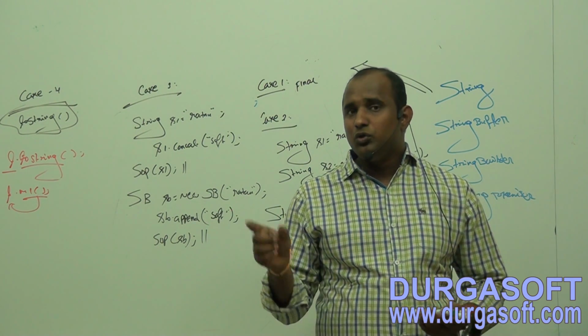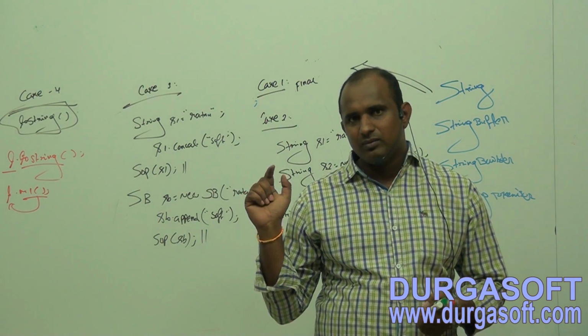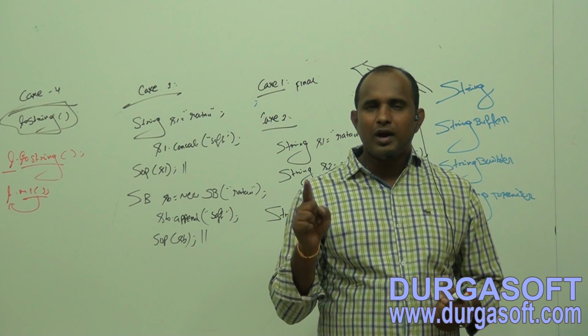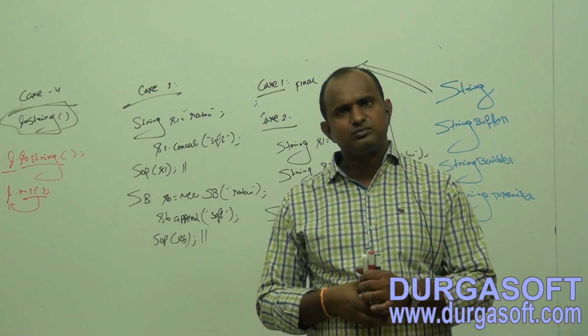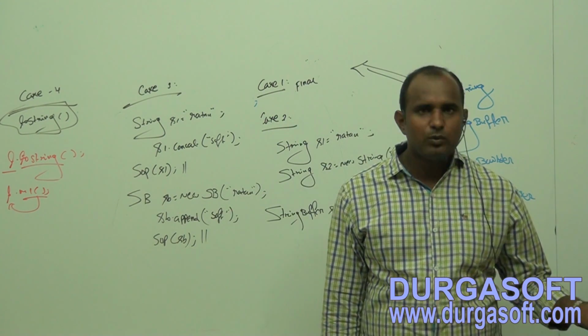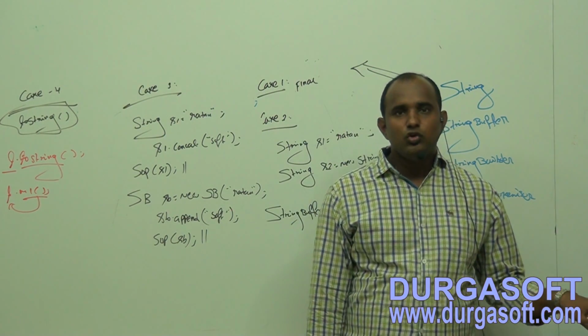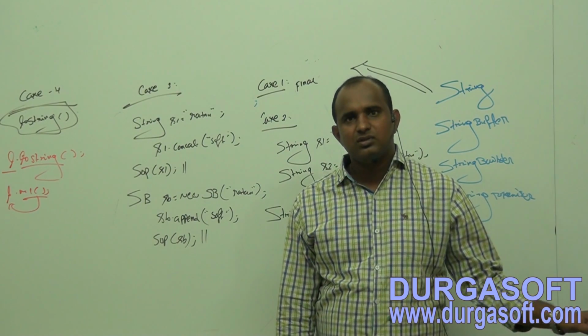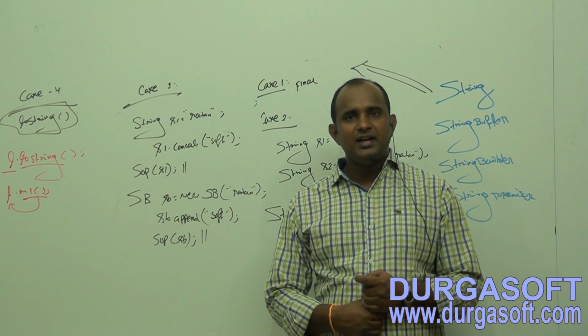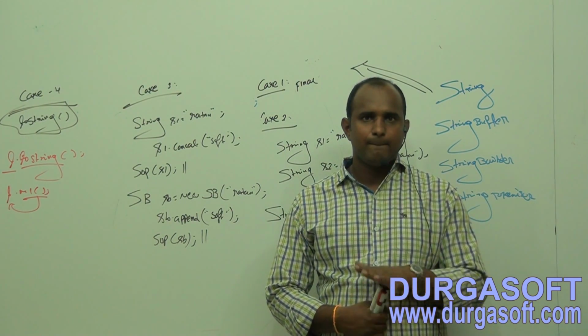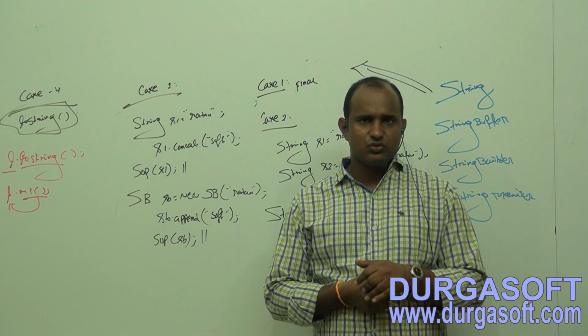Hash code is a unique identification hexadecimal number generated by the JVM to identify the objects uniquely. That is called our hash code.